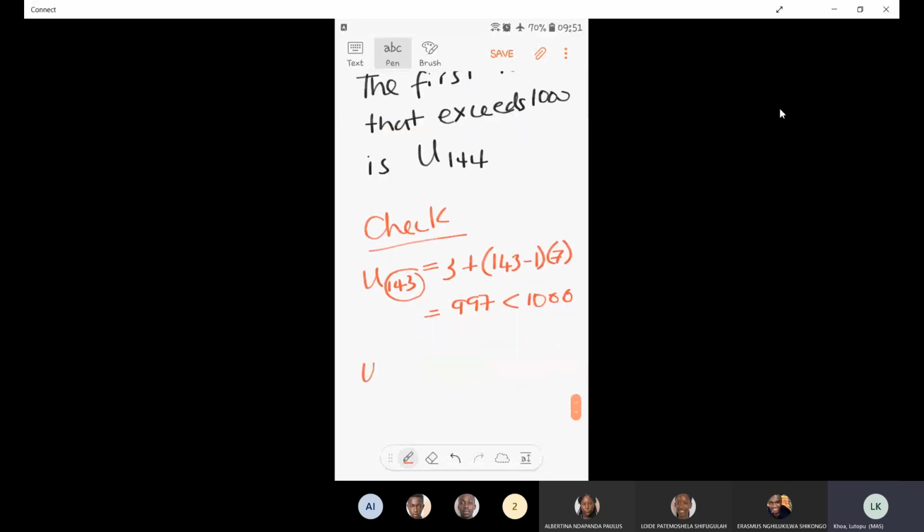But if we look at the next term, 144, this is 3 plus 144 minus 1 times 7. What we get over here, this is 1,004, which is greater than 1,000, and that is what we want.